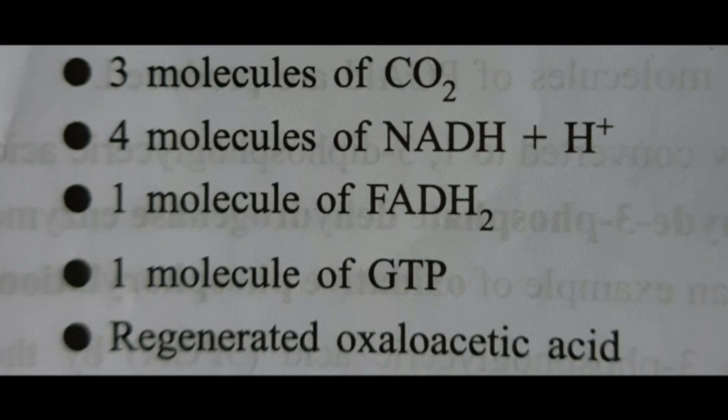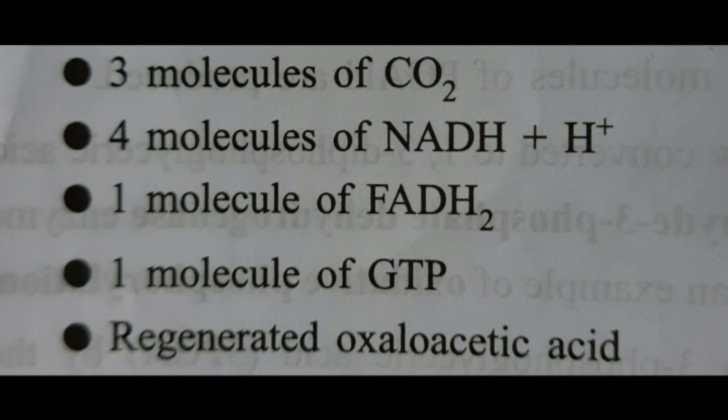Finally, after this full reaction, 3 molecules of carbon dioxide are produced, 4 molecules of NADH plus H+ are produced, 1 molecule of FADH2 is produced, and 1 molecule of GTP, a highly energetic compound, is produced, and oxaloacetic acid is regenerated.